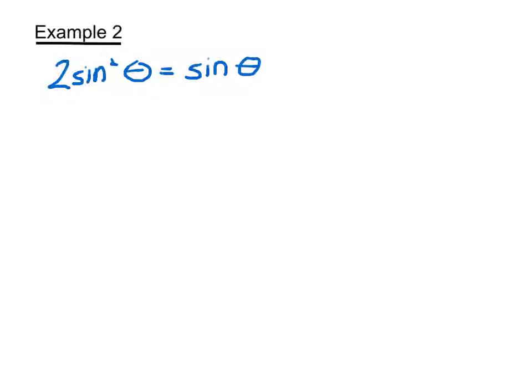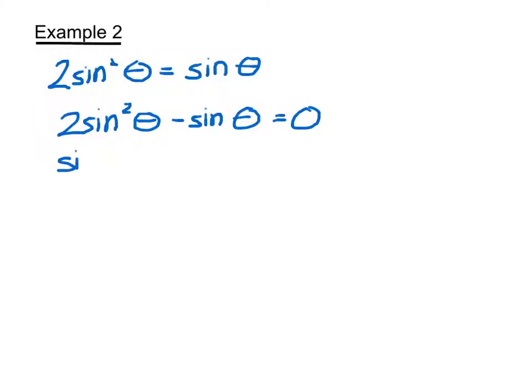For example, here I could subtract sine theta from both sides of the equation to get 0 on the right hand side, and then notice that each of these terms has a sine theta, so I can factor that out. And I'm left with this.